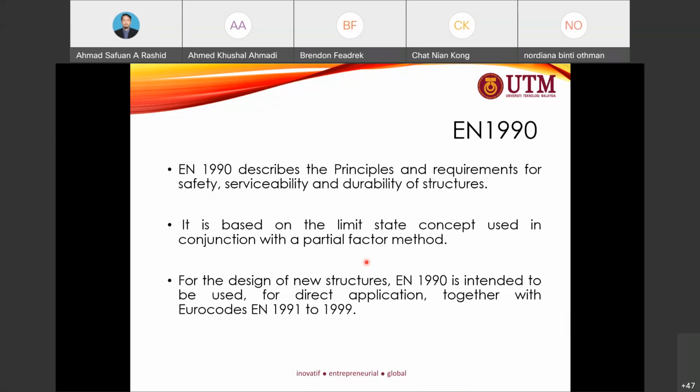So that's why, as I already told you, Eurocode 1990 is the main one to be used for the basis of structural design.